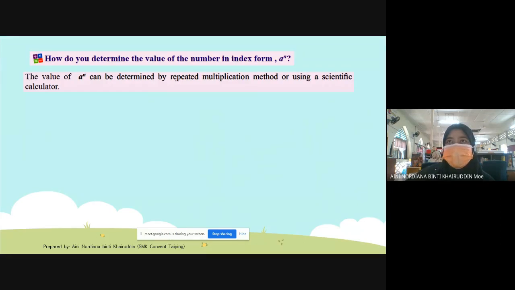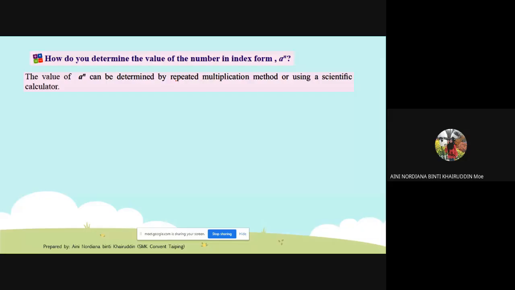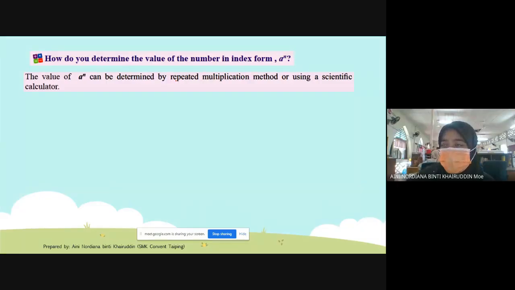For example, if you want to calculate the value of 2 to the power of 5, how do you calculate that value? You can use the repeated multiplication method or a scientific calculator.